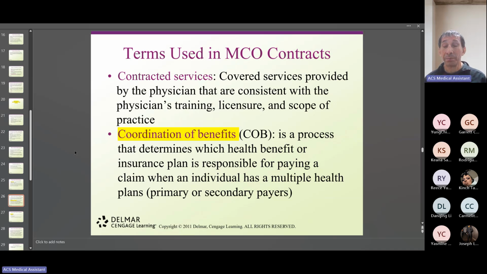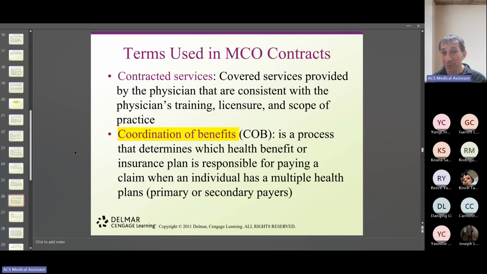You cannot bill the secondary insurance first, never. Well, you can bill it, but you're not going to get reimbursed because that's not your primary insurance. Someone might think, oh, I have my wife's insurance. They pay better.